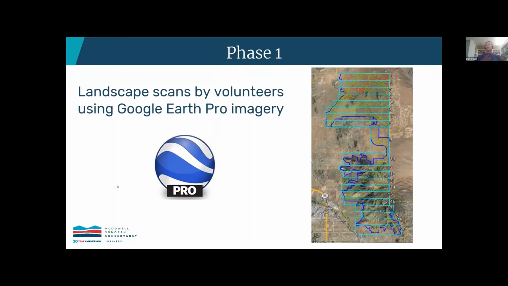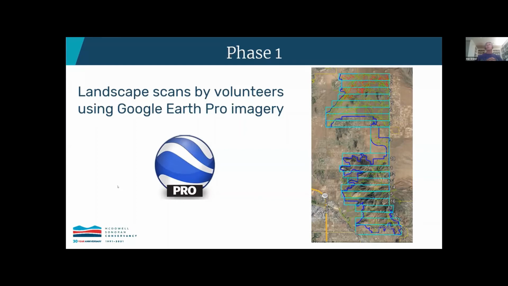And very interestingly, in urban and near urban areas, the resolution of the satellite imagery provided by Google Earth is really extraordinarily good. It's much better than is typically available from free satellite software that you can get from NASA or other government agencies. So Google Earth is a wonderful place to start this process.